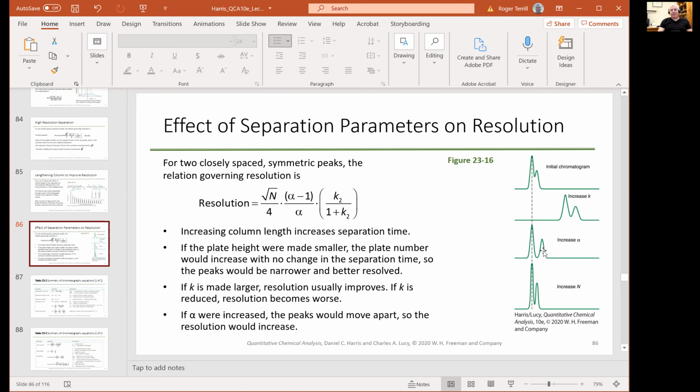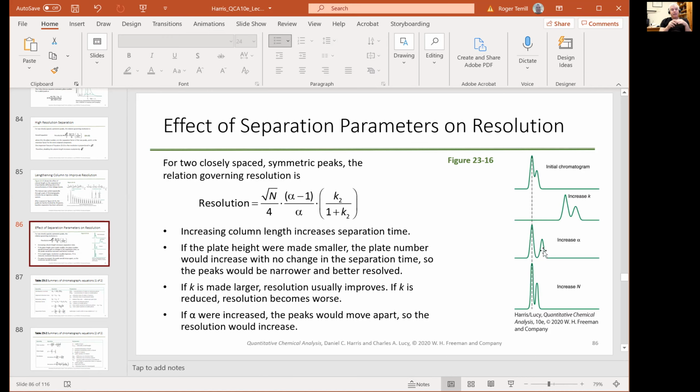Exactly right. If we can change the mobile phase, then we can also change the, Cindy? The stationary phase. Exactly. Good. I love it. So you change the mobile phase, change the stationary phase. You can change the pH of the mobile phase.